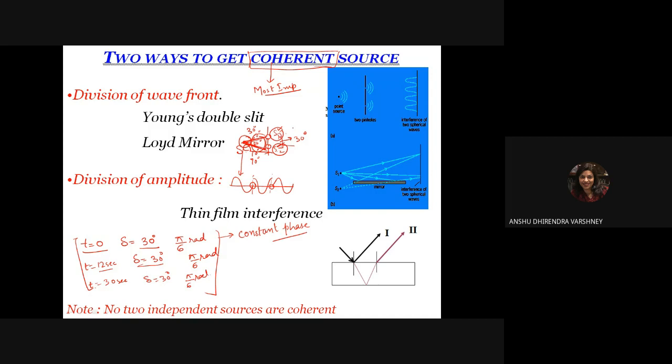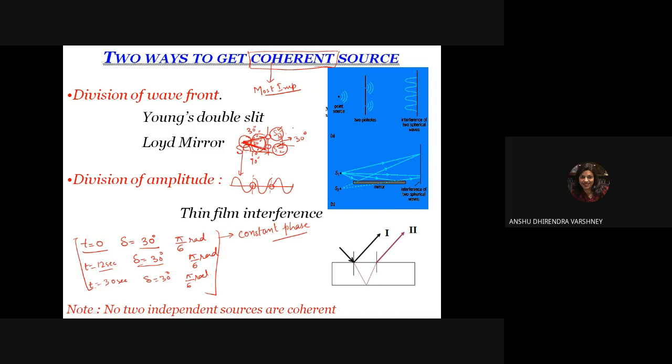Okay, so if I talk about light, in the context of light, which is an electromagnetic wave, we can say that when the light from two different sources moves in the same direction, then these light wave trains superimpose upon each other.